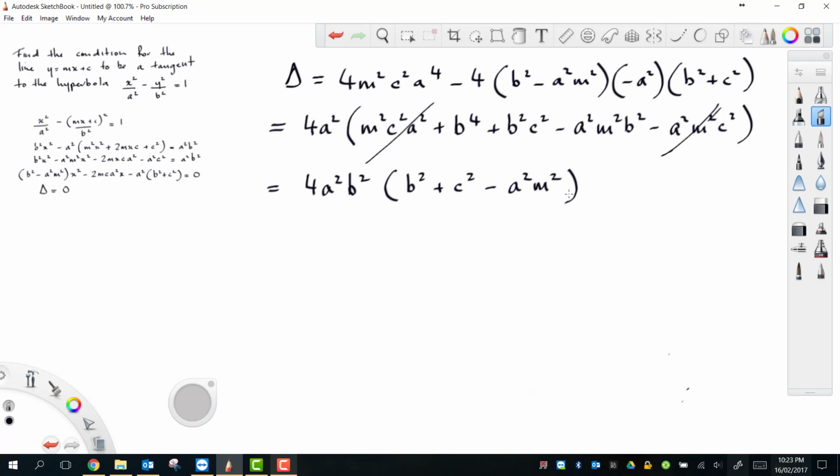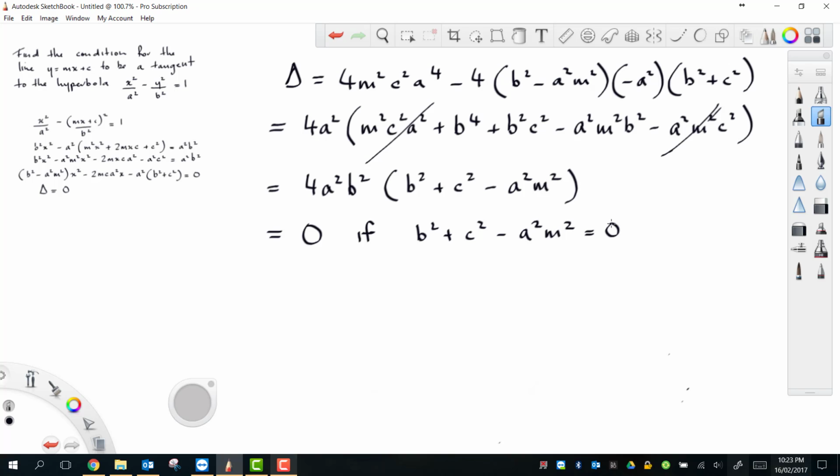Now, this will equal 0 only if, since a and b can't equal 0, the only way that this expression is going to equal 0 is if b squared plus c squared minus a squared m squared equals 0. That's the condition that we're after.